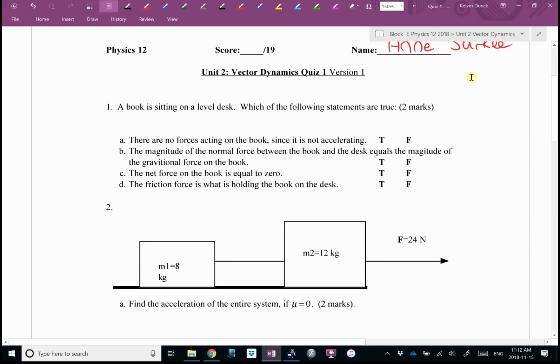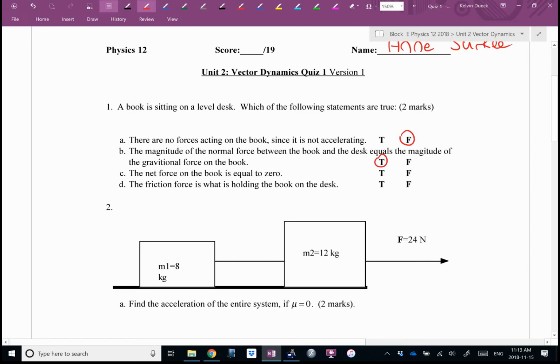A book is sitting on a level desk. Which of the following statements are true? There are no forces on the book since it's not accelerating. True or false? The magnitude of the normal force between the book and the desk equals the magnitude of the gravitational force on the book.